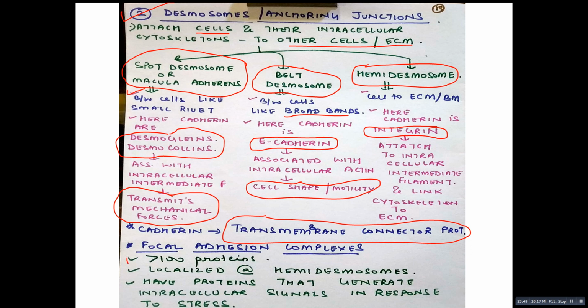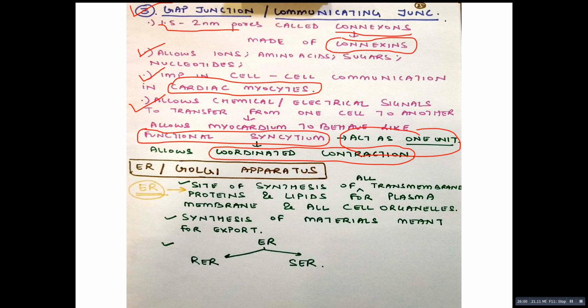Now coming to the endoplasmic reticulum and the Golgi apparatus. You will be surprised to know how efficiently our cell can work and how sophisticated the machinery our cell possesses. First we are starting with the endoplasmic reticulum. It is the site of synthesis of all kinds of transmembrane proteins and lipids for the plasma membrane and all the cell organelles inside the cell.